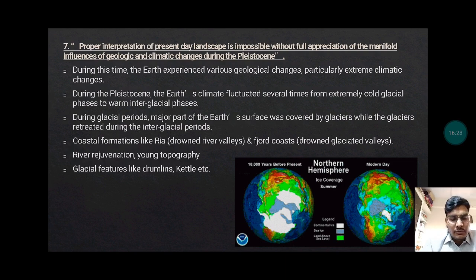When sea level was low, rivers actually extended even through the continental slope regions, and the length of the river valley increased. But after the completion of the glacial ages, these river valleys were drowned by the seawater itself. So these are currently known as Ria coast. The same example applies to drowned glaciated valleys, and those are known as fjord coast.